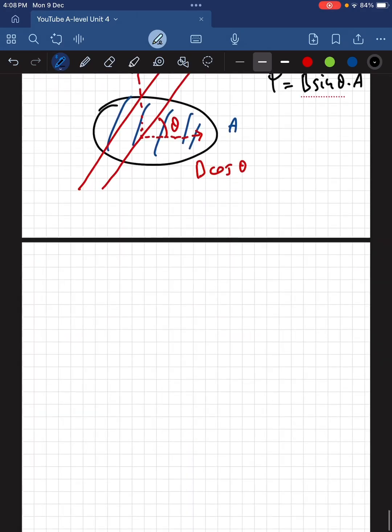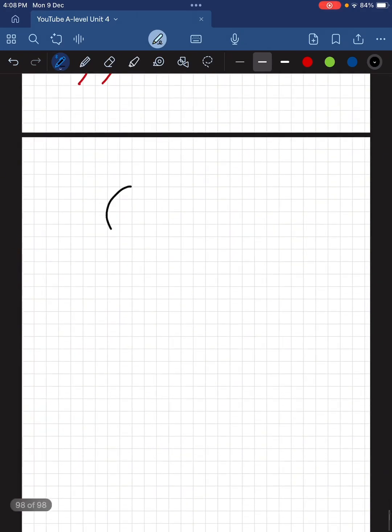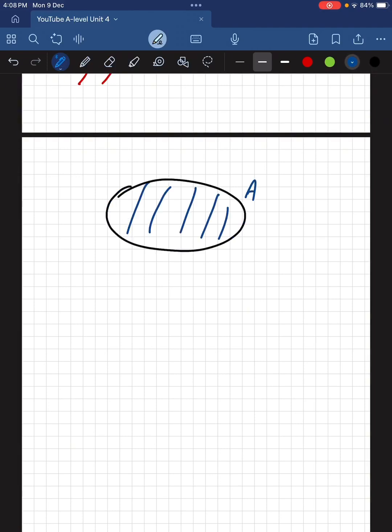What happens if they give us the other angle? So let's say that I have the same cross-sectional area A, and instead of giving us the angle with respect to the horizontal, they give us the angle with respect to the vertical. Let's call this phi. Again, we resolve.